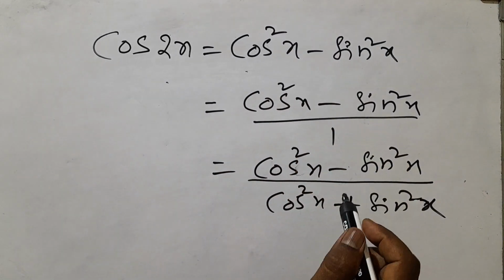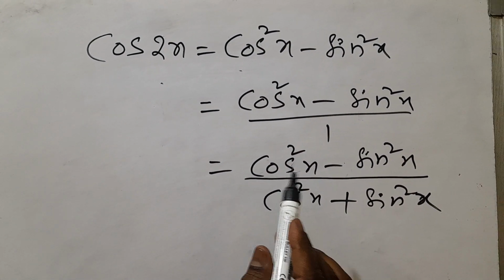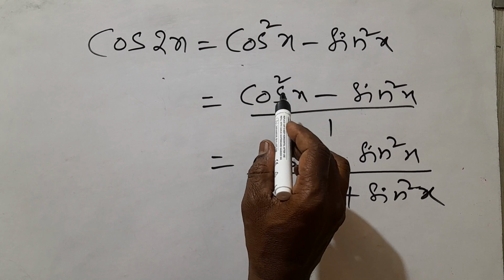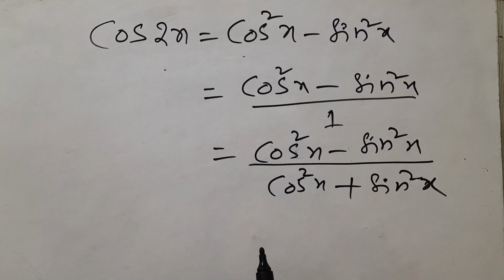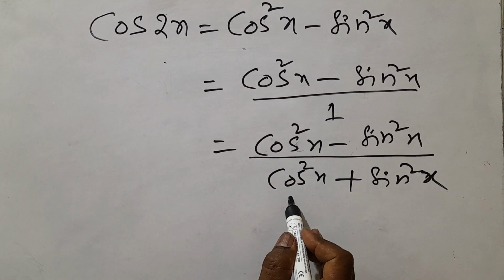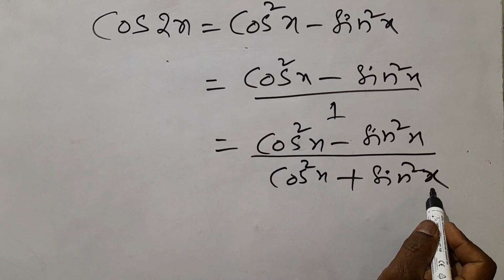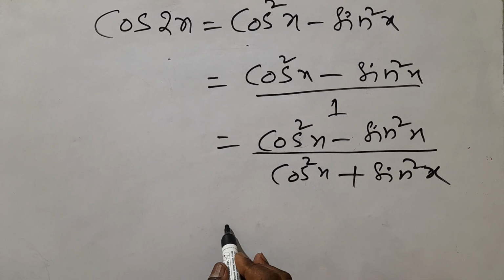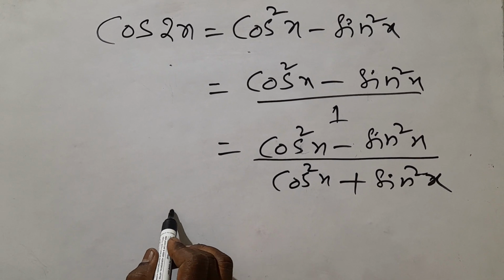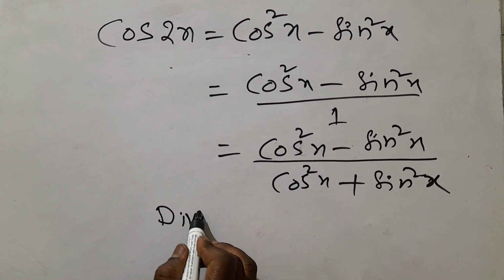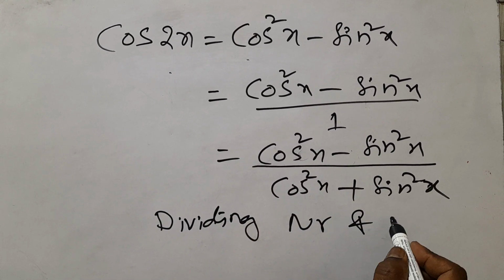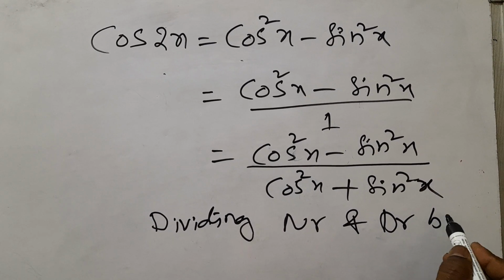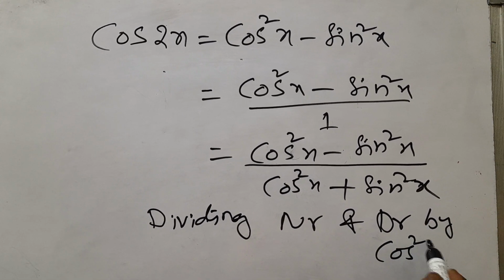Basic formula, we are dividing so that we get 1 minus tan square by 1 plus tan square. For that, here we are writing by 1. It won't make any difference. So now in place of 1, we took cos square x plus sin square x from that identity. Now I am dividing both numerator and denominator by cos square x.